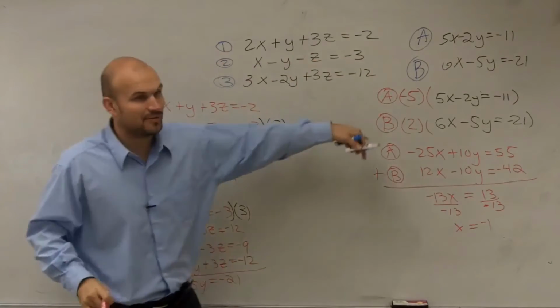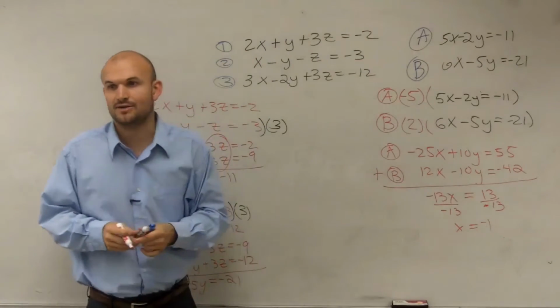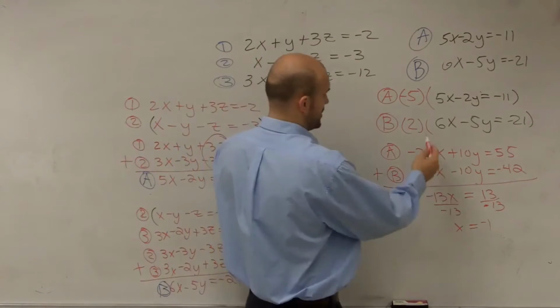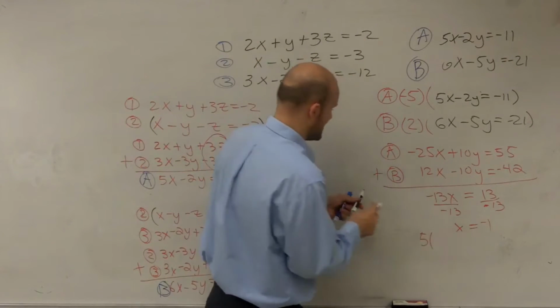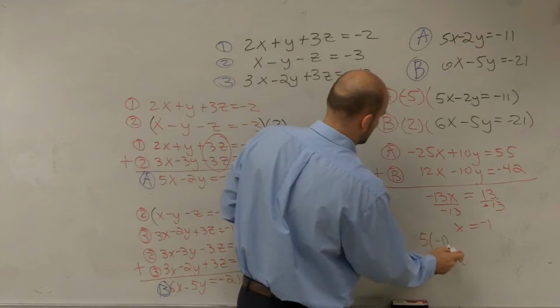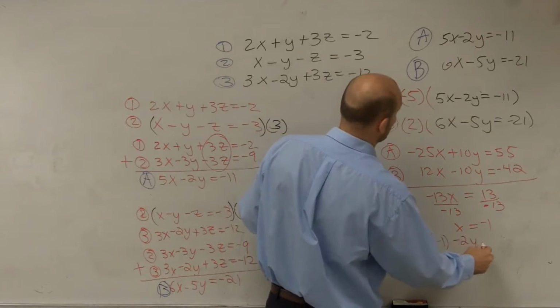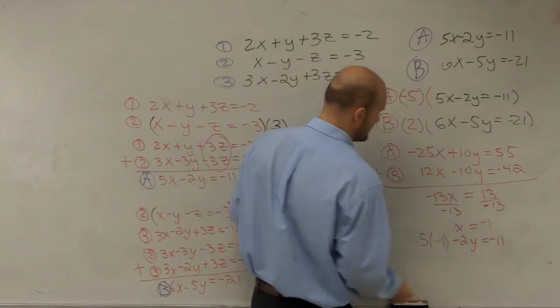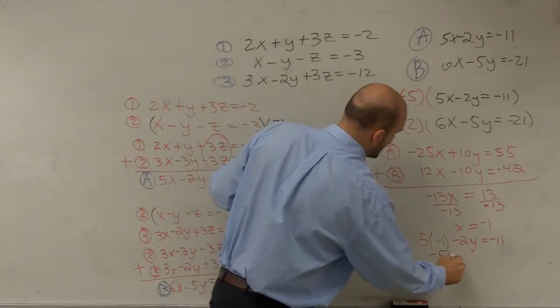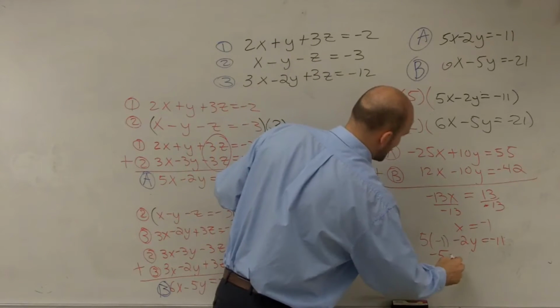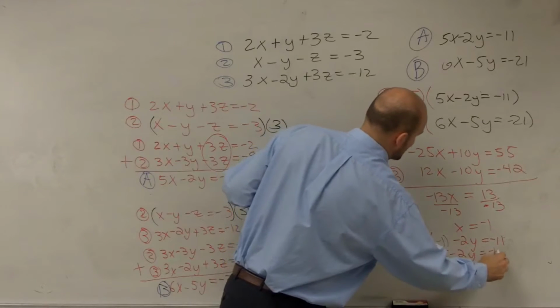So now I plug negative 1 back into one of my equations. All right? So I do 5 times negative 1 minus 2y equals negative 11. And this gives me negative 5 minus 2y equals negative 11.